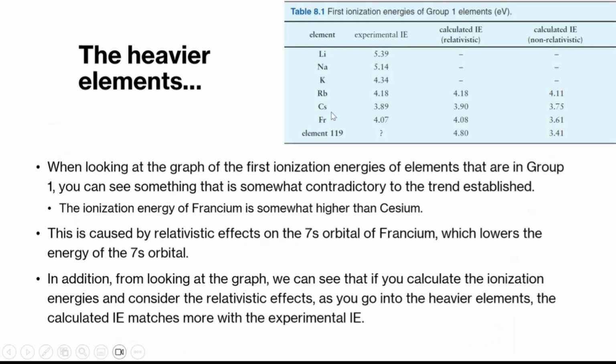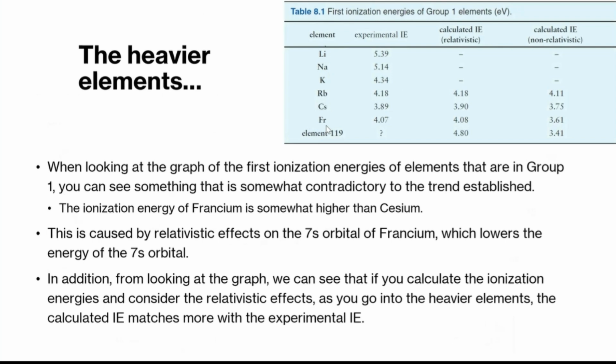If you look at it right here, going from lithium to cesium, the experimental ionization energy decreases as expected, but if you go from cesium to francium, somehow this increases. So we need to find some reason for this, and that's because, no wonder, relativistic effects on the 7s orbital of francium lower the energy of that 7s orbital.